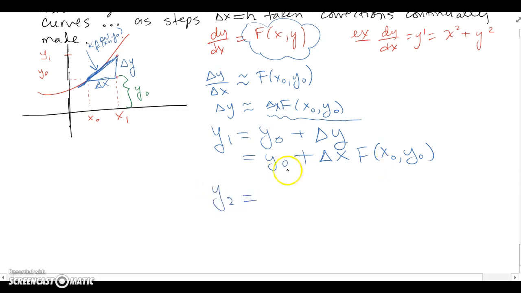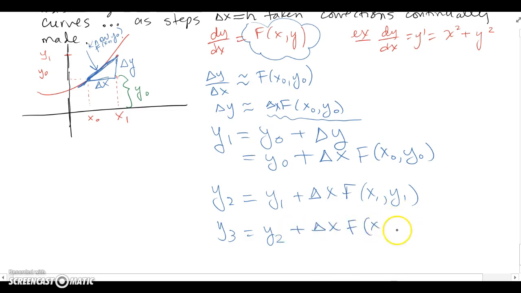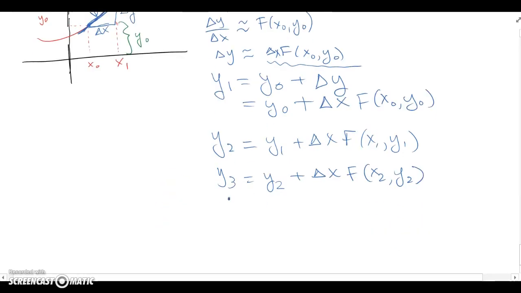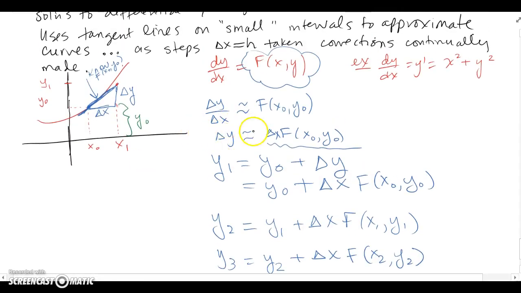So in this manner, if we continue, y2 will be this guy, but depending upon y1 and x1. y3 will be this guy, but it'll use that previous step iteratively. We keep doing the iterations and we keep using the previous step's values, and if we continue in such a manner, we'll have y sub n, at the nth step. Let's say you wanted to approximate y of 10, and we're here at 1 and you wanted to go all the way to 10.